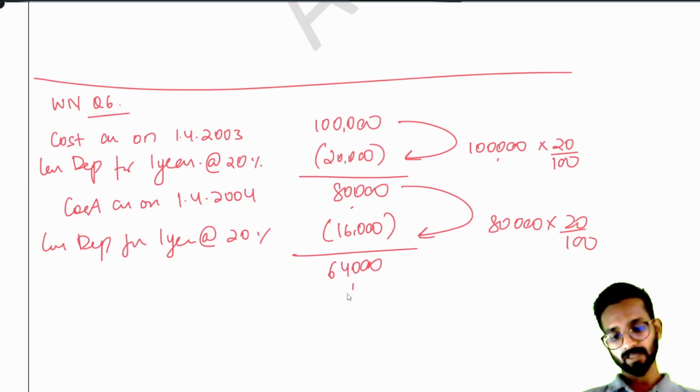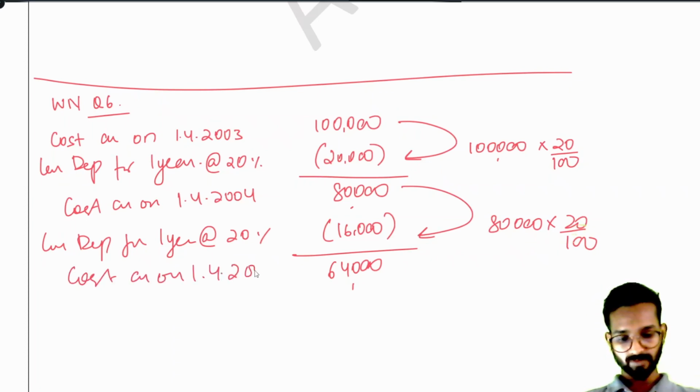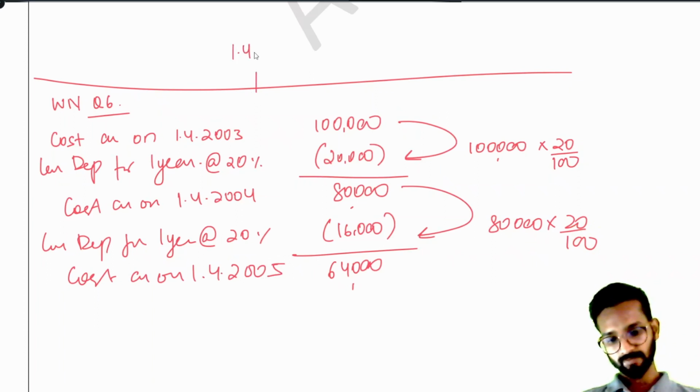Simple. Now again understand, this is your cost as on 1/4/2005. You can prepare a number line also. See, this is your 1/4/2003, then 1/4/2004, then 1/4/2005.